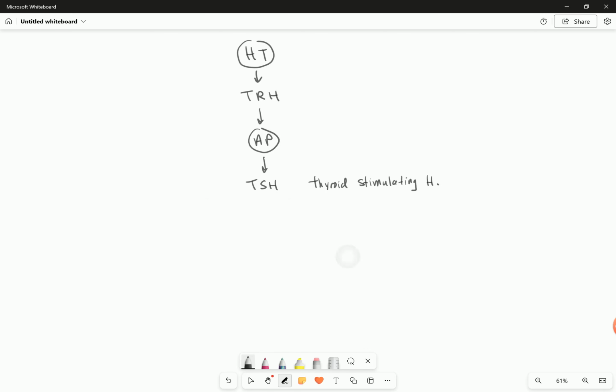Okay, thyroid stimulating hormone. And where do you think this is going to go? The answer is within the statement, thyroid stimulating hormone. Well, it's going to go to the thyroid to stimulate it to release your thyroxine, which is also known as T4.